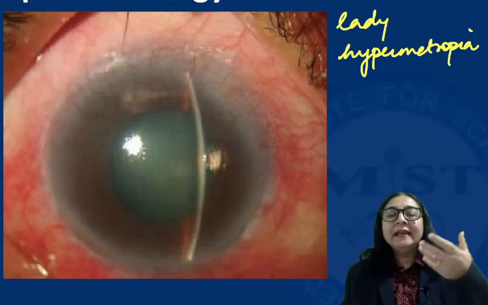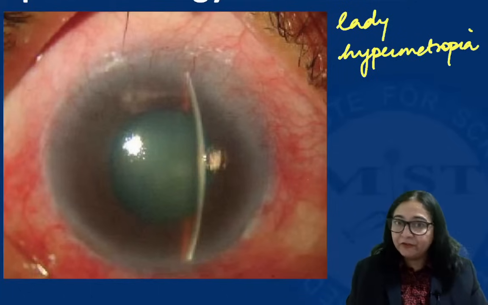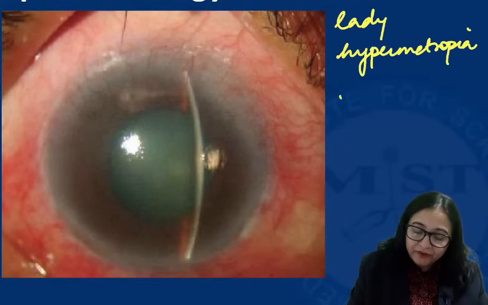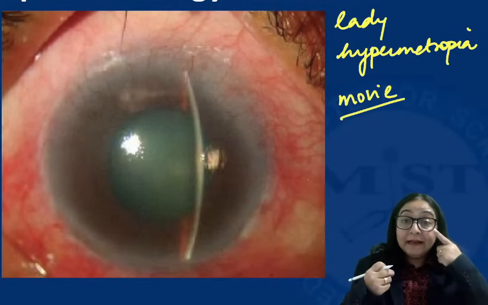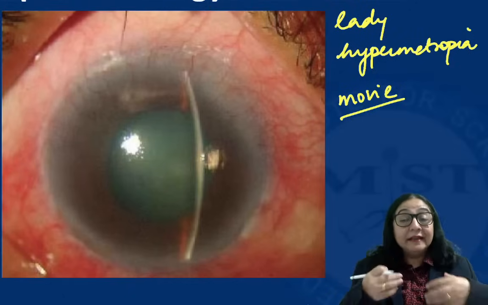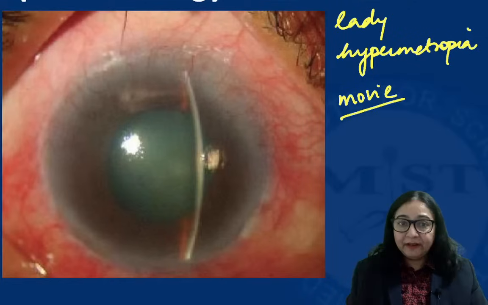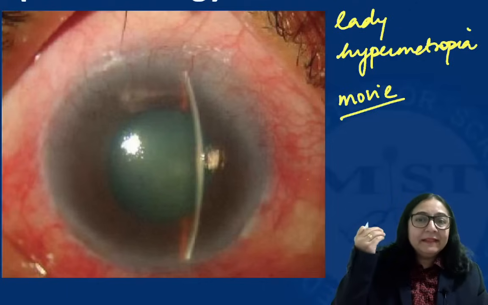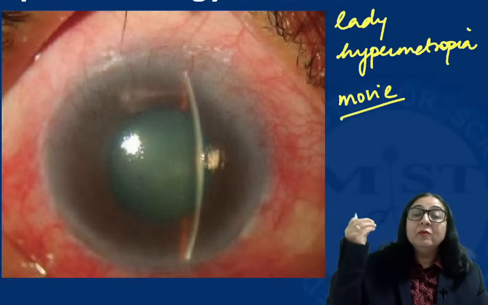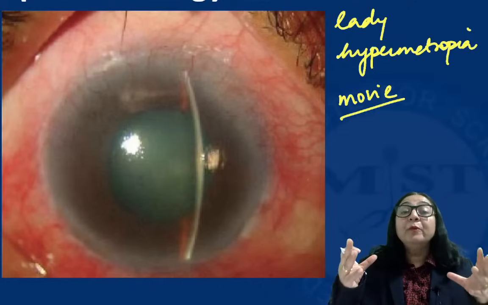So the pupil can dilate if a patient goes to a dim light condition and remains there for a long period of time, for example, watching a movie in a movie theater, or when the patient is scared, anxious, the sympathetic stimulation will lead to pupil dilation. Or if you put a cycloplegic drug in these kinds of patients, for example, you put atropine, these patients will go into pupil block.